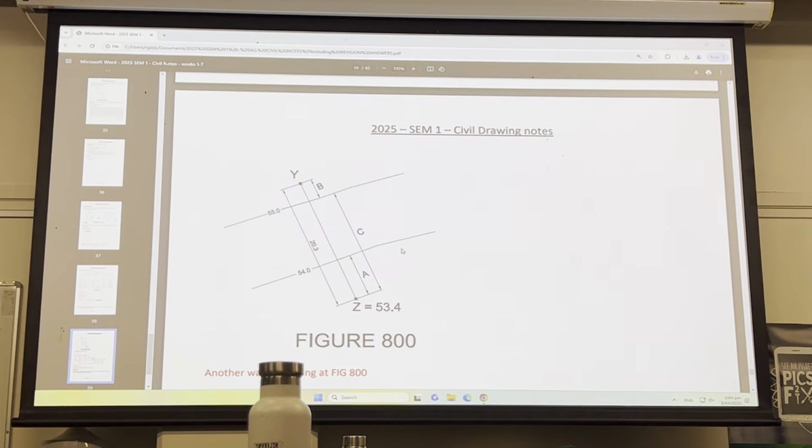Y and Z. We'll do this one over here. So another way of looking at this is in elevation. So we have Y up the top and Z down the bottom.